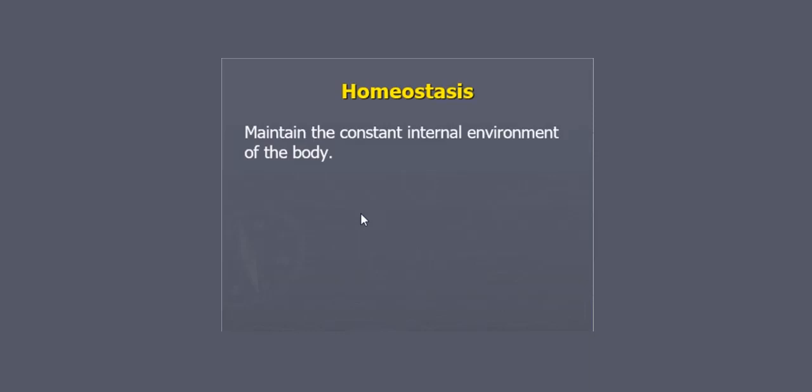And again, we have positive feedback. It's a system which reacts in a way to increase the intensity of the change in the same direction. And in our body, positive feedback is less common than negative feedback. However, it has its own significance during emergency conditions.